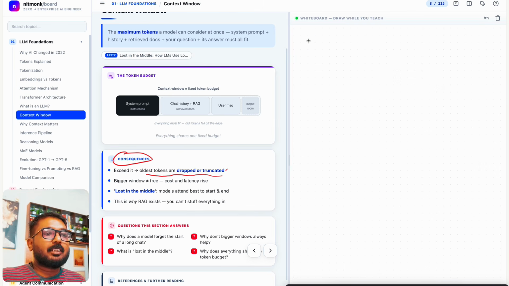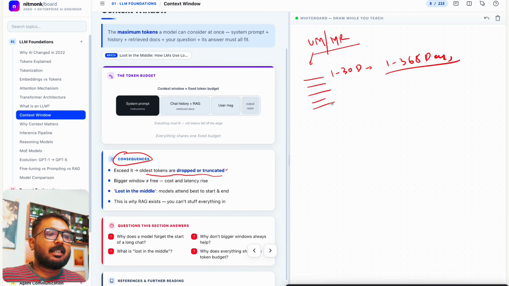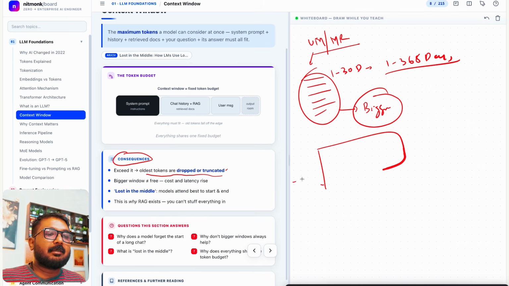This means once we are generating user messages and model responses, the user is communicating for 1 to 30 days, or let's say 1 to 365 days, or a year. Then this context becomes bigger and bigger, and this bigger context creates a problem because there is a limit on how much input we can send to the LLMs.